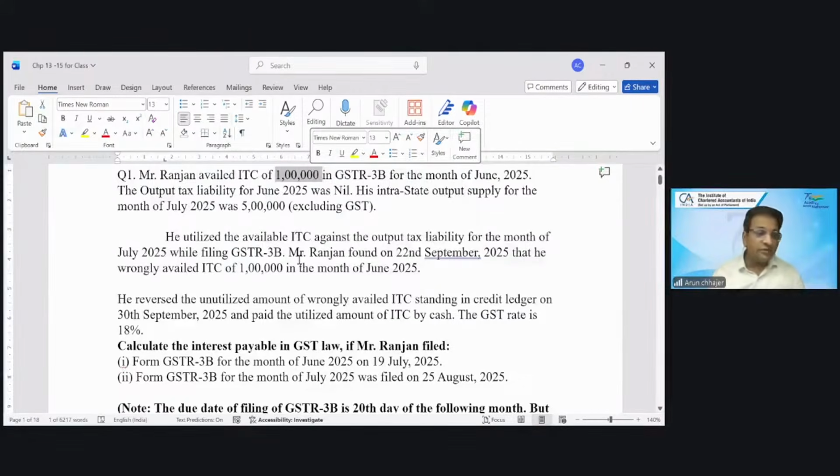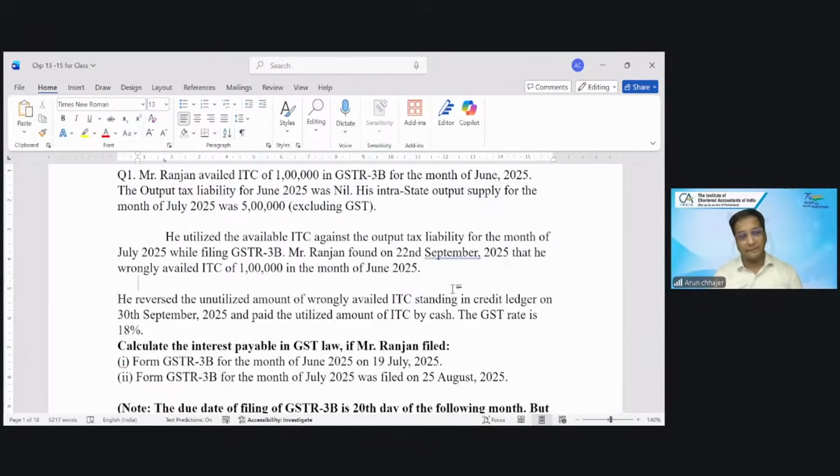Mr. Ranjan found that on 22nd September 2025, he wrongly availed the ITC of rupees 1 lakh. So that ITC was not correct. It was wrong ITC, ineligible ITC. He reversed the unutilized amount of the ITC wrongly availed, which was lying in the credit ledger.